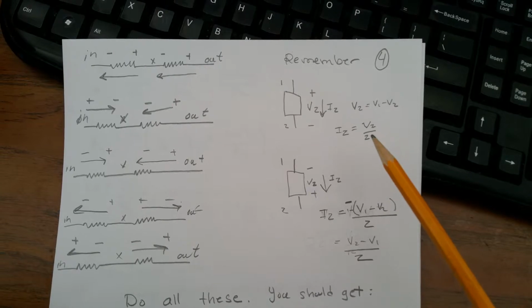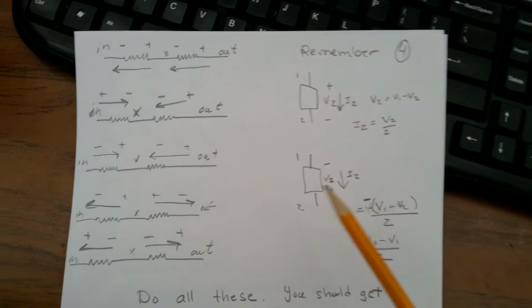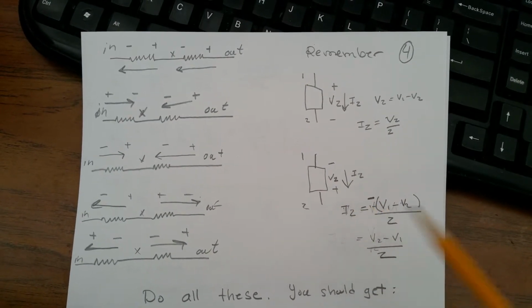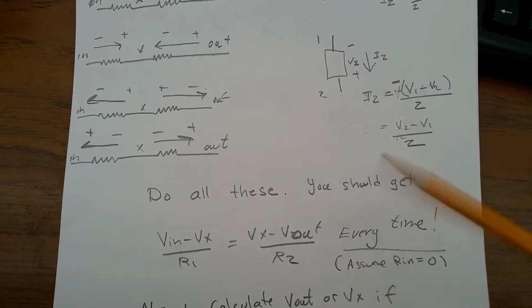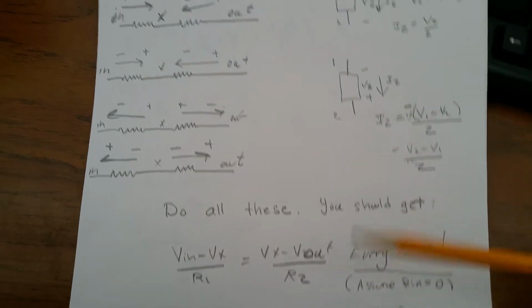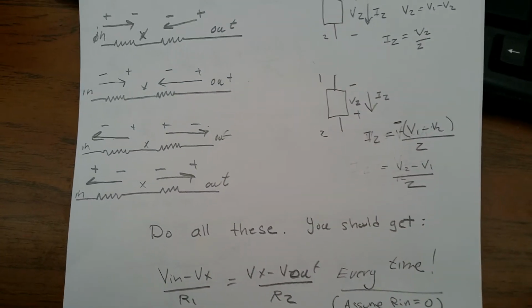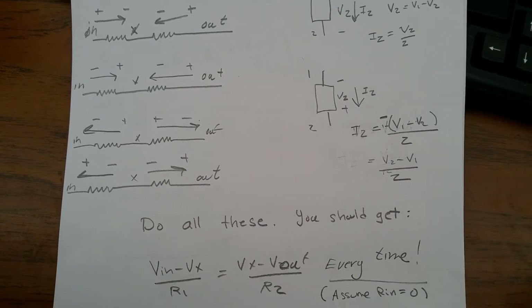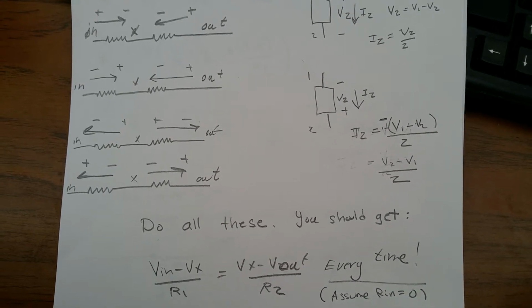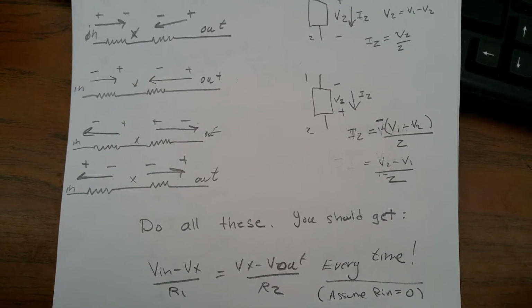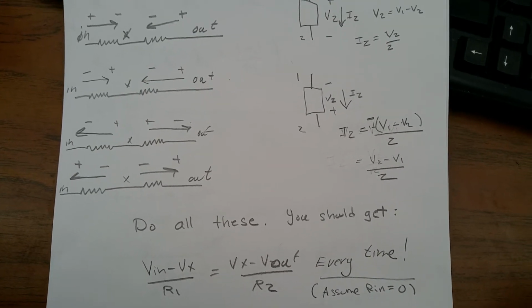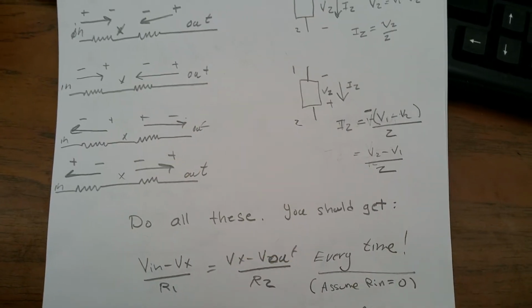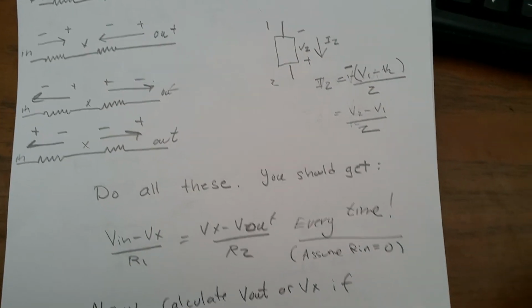IZ will equal VZ divided by Z, and when it's opposite, you just get a negative. You should get the same answer every time. It might seem a little tedious, but with that kind of practice, it'll become second nature to you, and you won't have to think about it on an exam. Some things you do have to memorize or even get the pencil strokes into muscle memory.